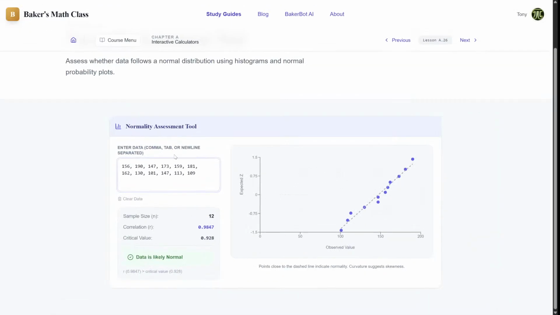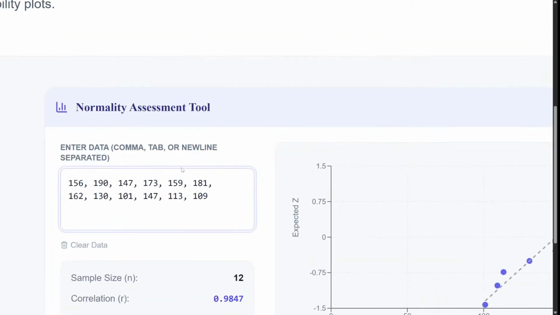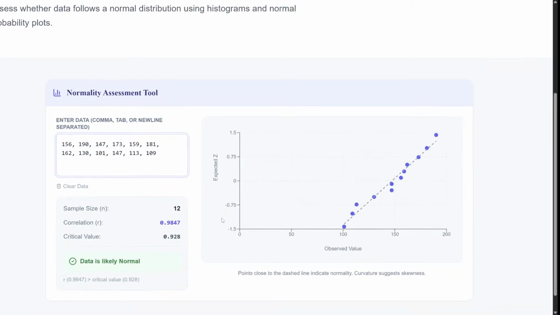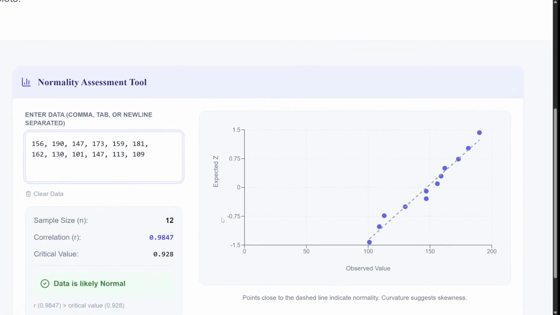This is actually the calculator you use to test normality. It's A26. You just put the numbers in there, and it'll tell you if that is normal or not. So if you need to actually test your data at some point to figure out if it's normal, this is the calculator for that. I won't have you actually test it on the test.